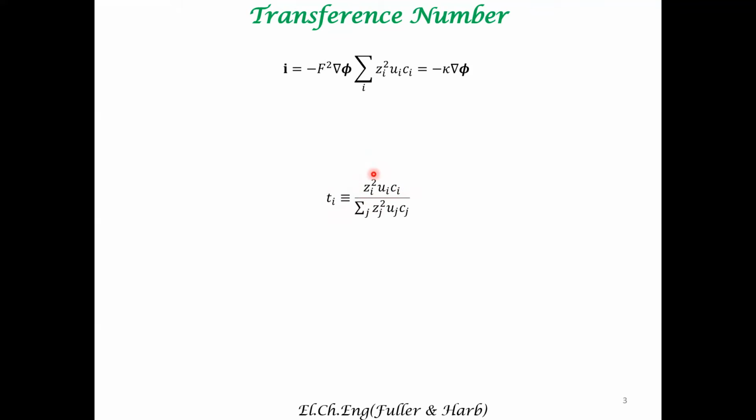Okay, so this is for a particular species I, the transference number for a species I. Then there is a summation across all species. So this can be interpreted as the fraction of current carried by a particular species I. Okay, so because it's the fraction of current, the sum of Ti would be 1.